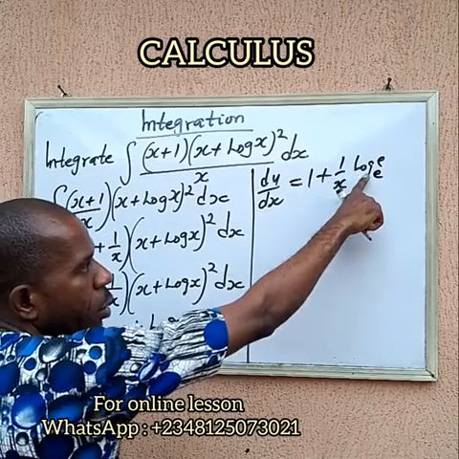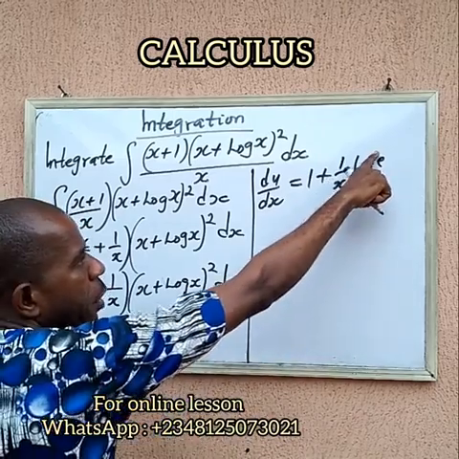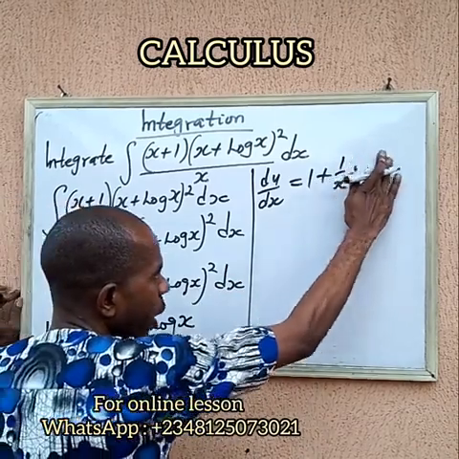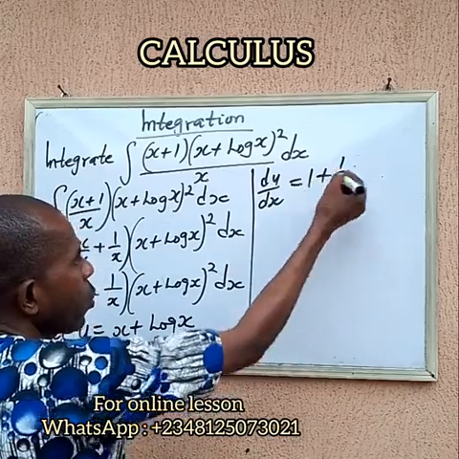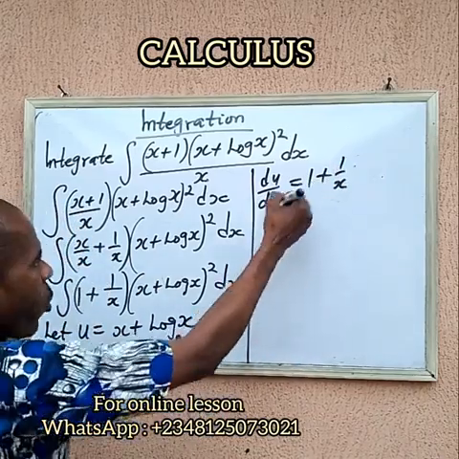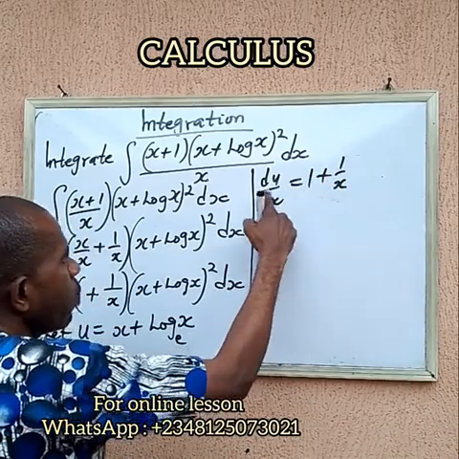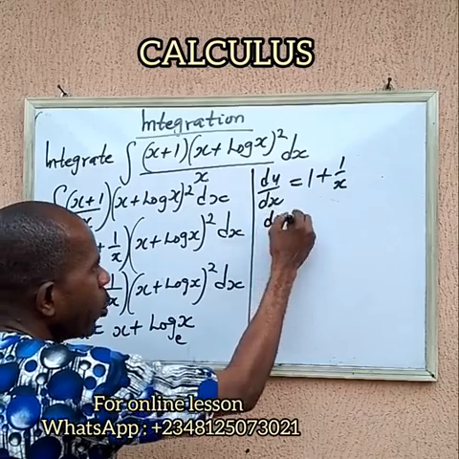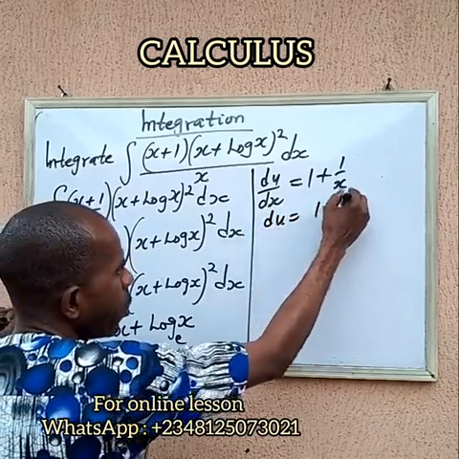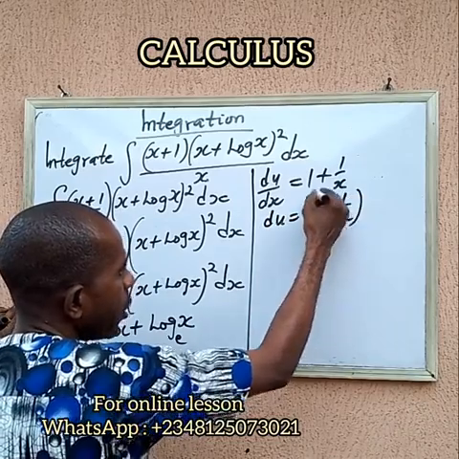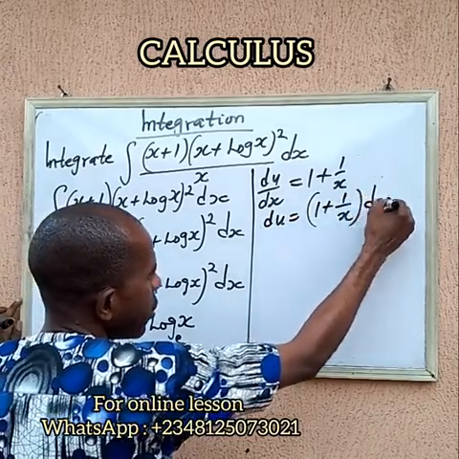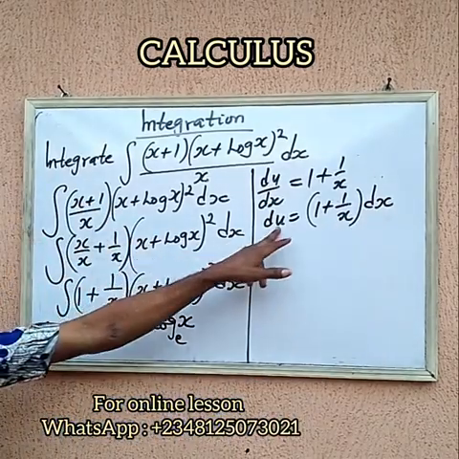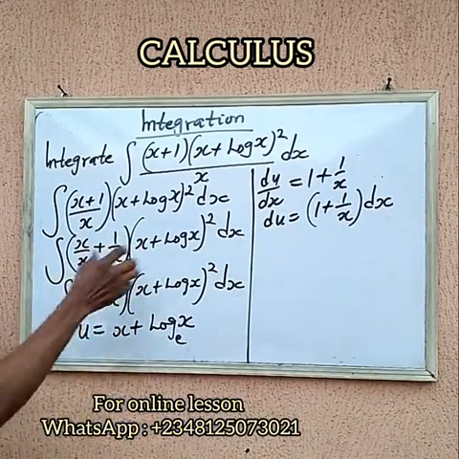And of course, in mathematics, the log of a number to the base of that same number is 1. So this one will be cancelled out here. So at the end, if you cross multiply, we're going to have du equal to 1 plus 1 over x, then multiplying dx. Good. So which means this du will come and replace this one here.